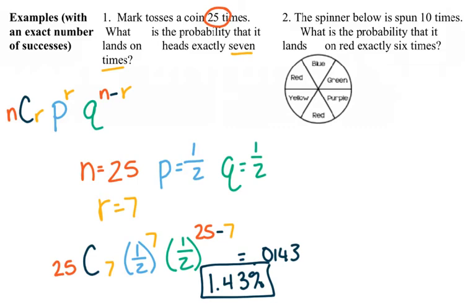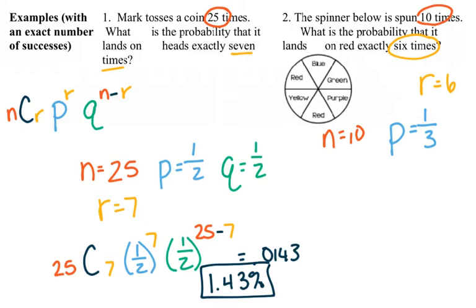Okay, so let's try the same thing with the next one. The spinner below is spun 10 times. That's my N. What is the probability that it lands on red exactly 6 times? So exactly 6 times, so my R is 6. So probability of success, I want it to land on red, which is 1 out of 3.